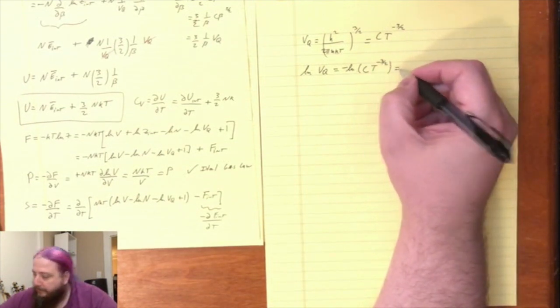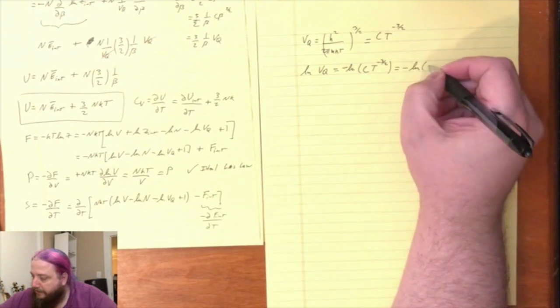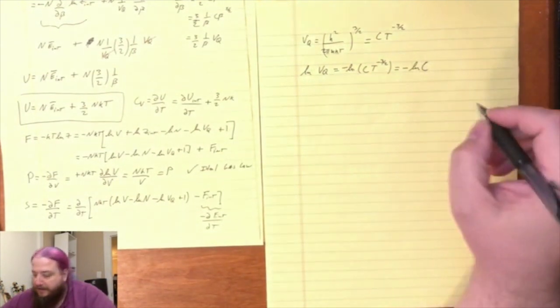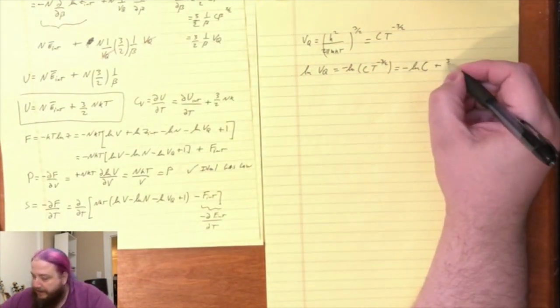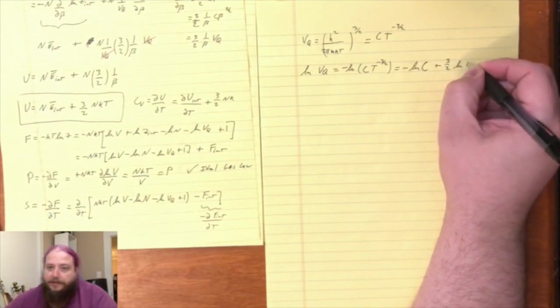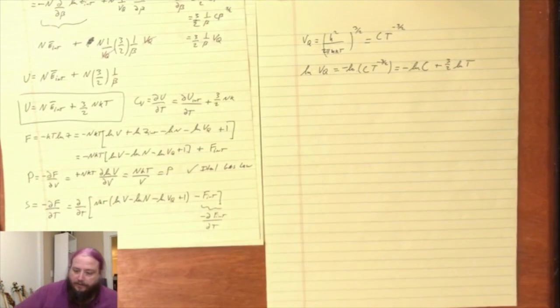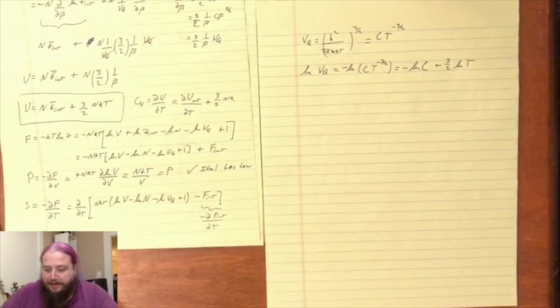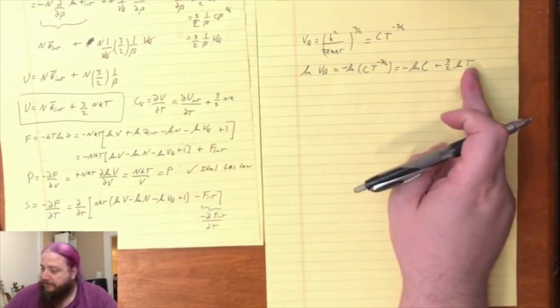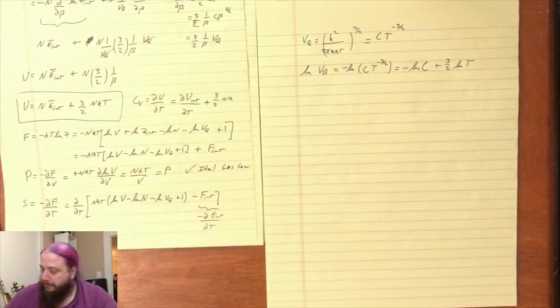And we can break that into the logarithm of our constant C minus 3/2 times the logarithm of temperature. So we can plug this back into our entropy here.